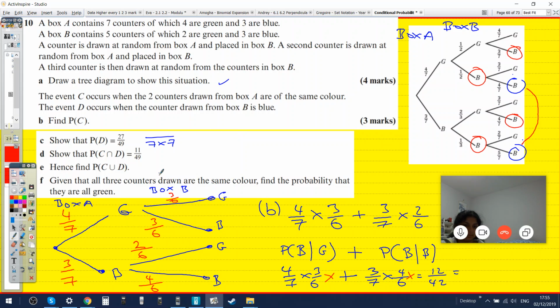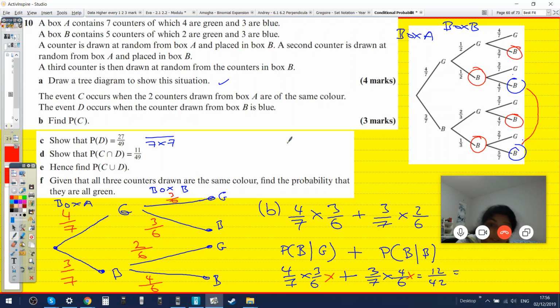Grand. Okay, how about part D? So you want both of them when it's the same color. So you just do 4, 7.